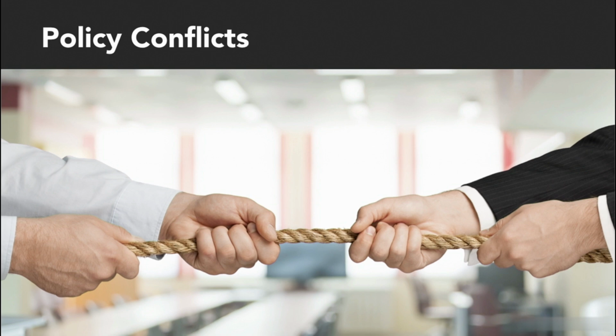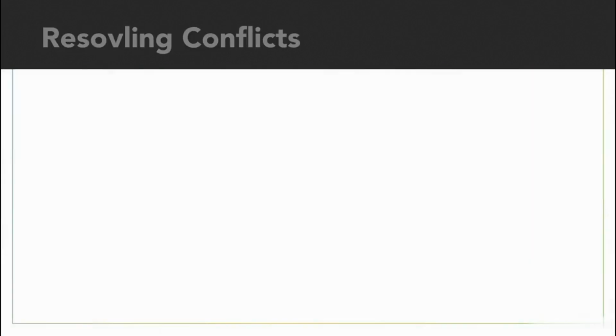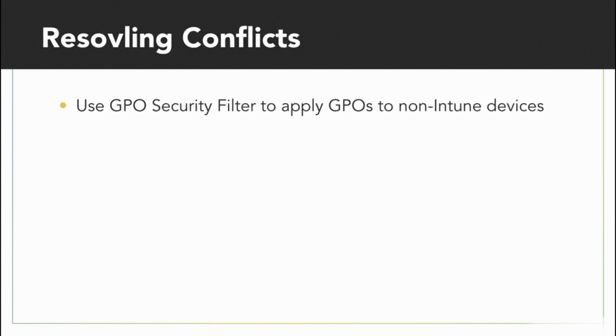However, since Windows 10 version 1803, you can now choose which management solution will take precedence, with a new setting called Control Policy Conflict. In a hybrid environment, you can manage any policy conflicts in either the group policy or the Intune Admin Center. For example, you can use a security filter option in the group policy console to ensure that you can only apply group policy settings to those devices not managed by Intune.